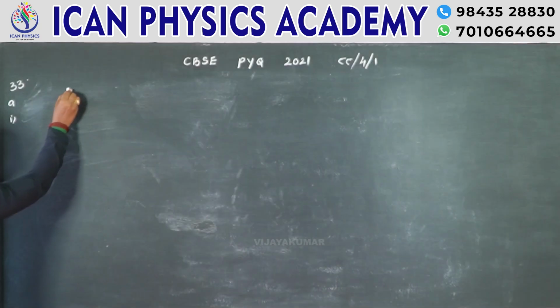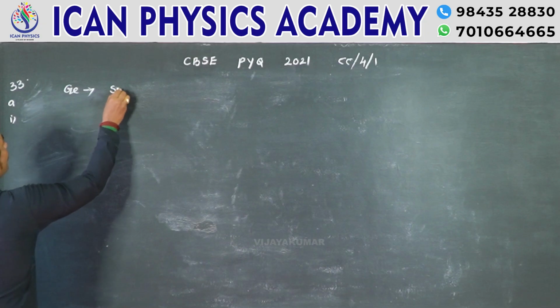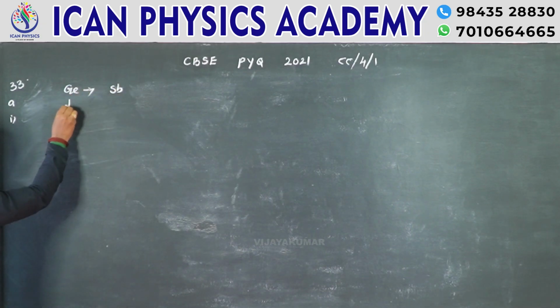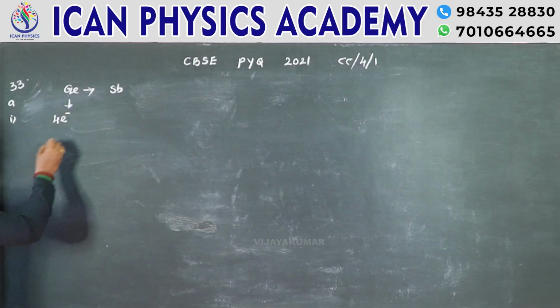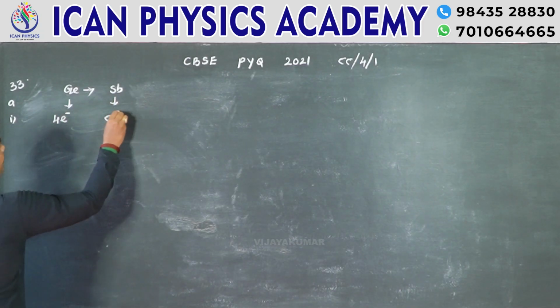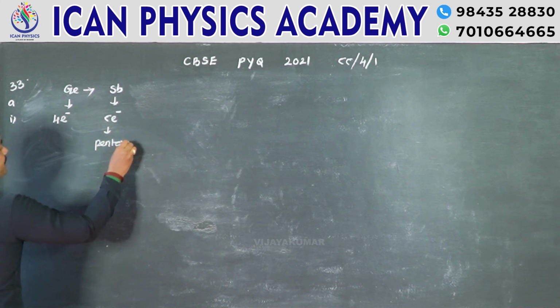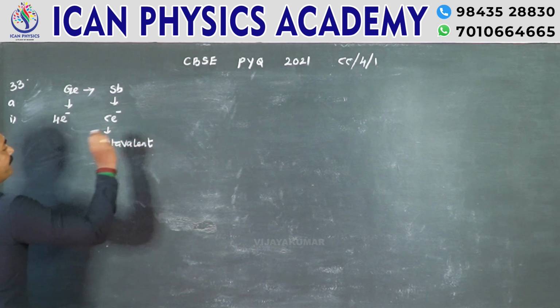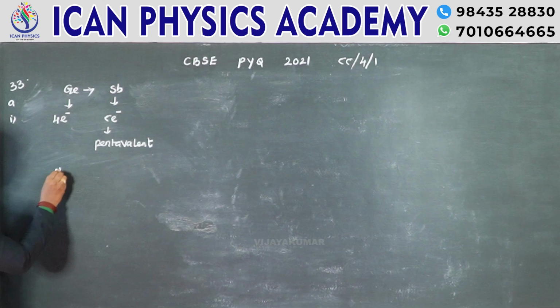When germanium is doped with antimony, the valence electrons for germanium are 4, but for antimony are 5, because antimony is a pentavalent material. So when the pentavalent material is doped with germanium, the electrical conductivity increases.